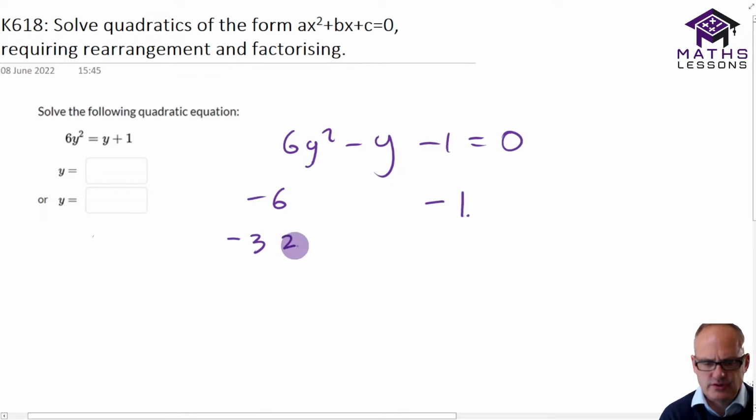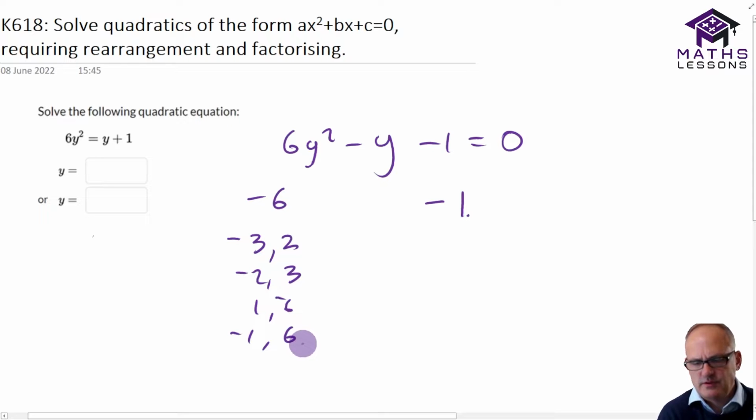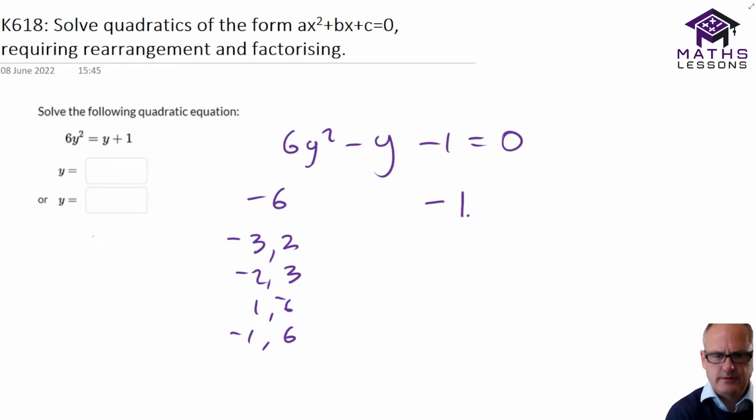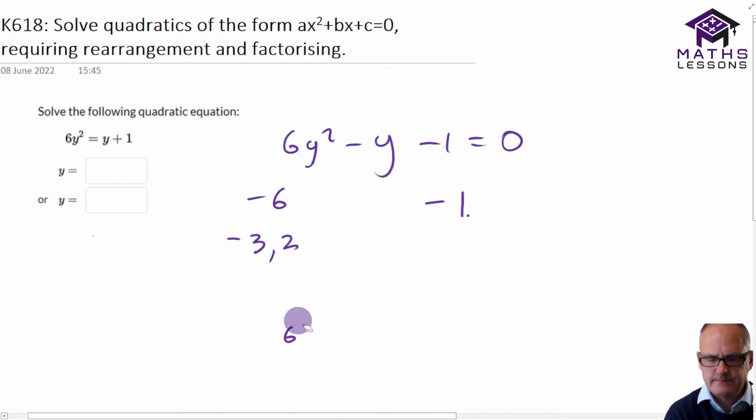Hopefully you can see straight away -3 and 2 are the two numbers. I could have considered all these pairs of numbers, but none of them will combine to give me the -1 that I need. This will give me +1, this will give me -5, and this will give me 5. So this is the pair that I'm going to consider.